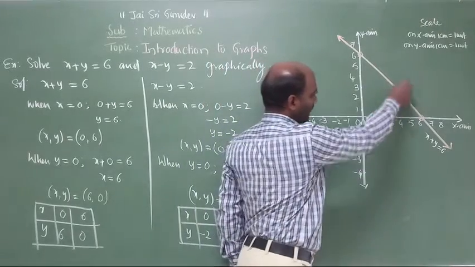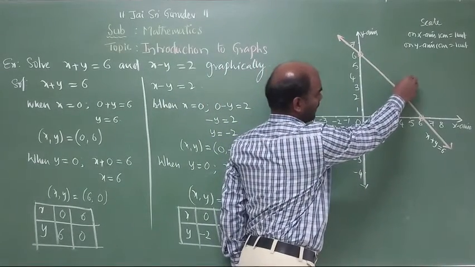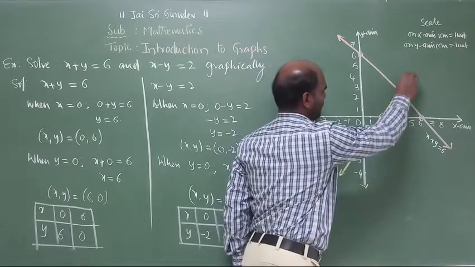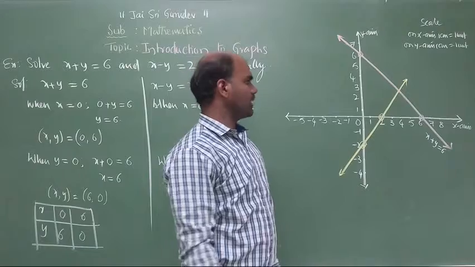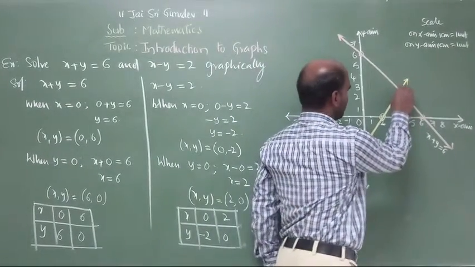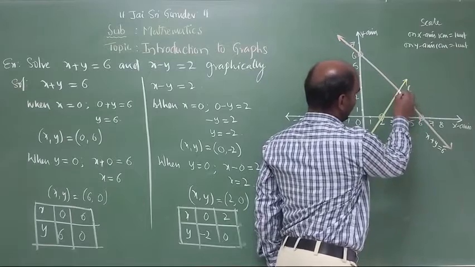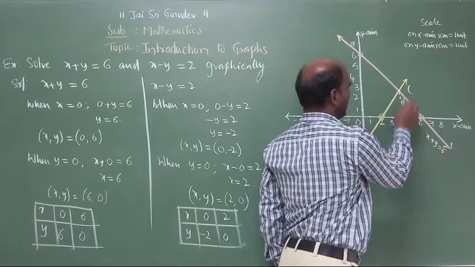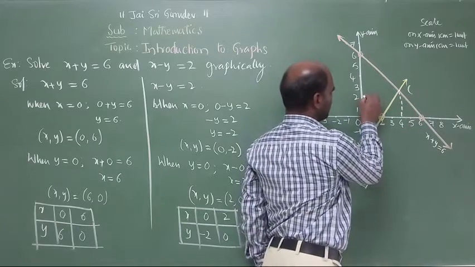So take the scale and draw the straight line. While joining, both lines will intersect at a point. So the point will be here.